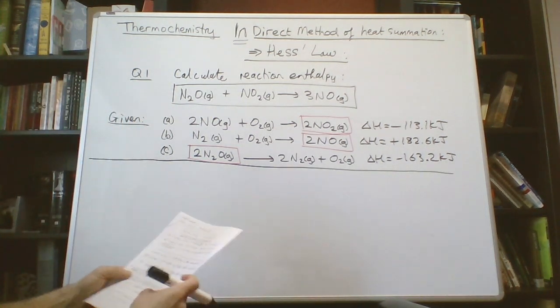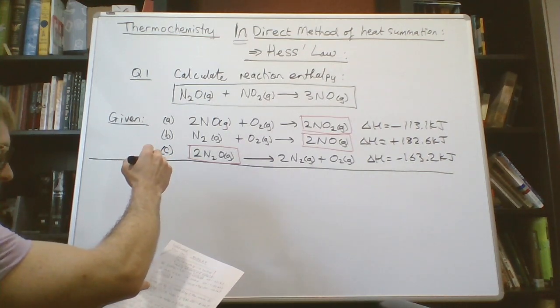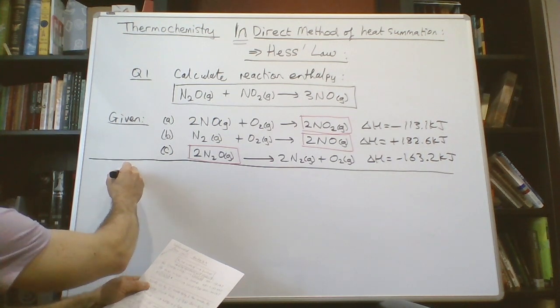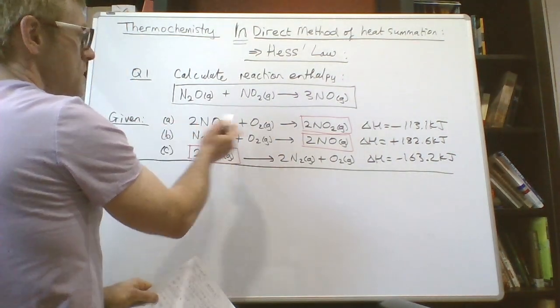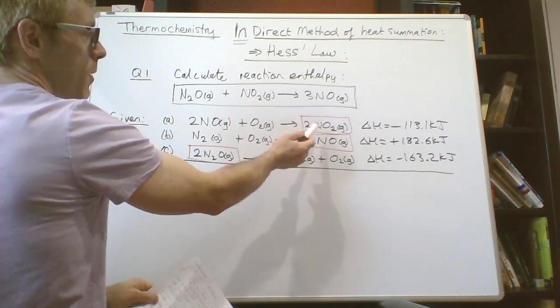So what I'm going to do, my solution is to take A, divide it by 2. Why divide it by 2? Well, equation A has NO2. I need one of them, but it offers me 2 of them.